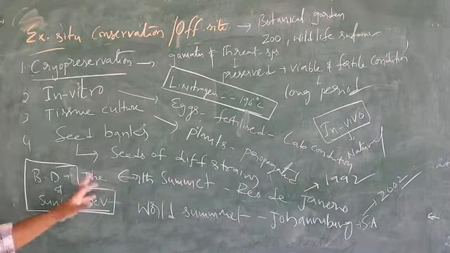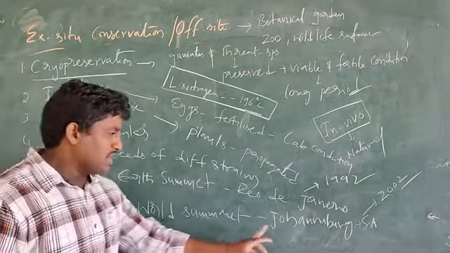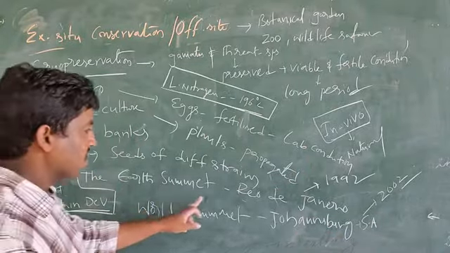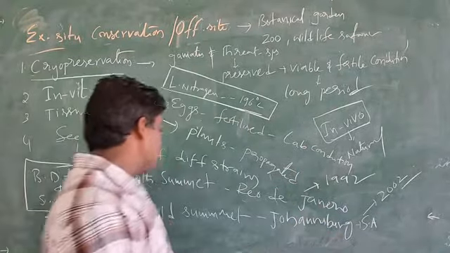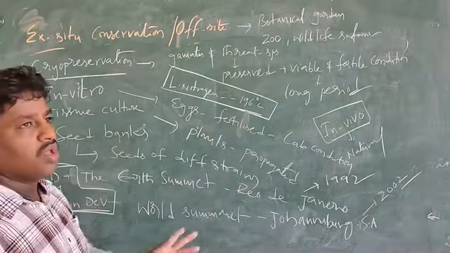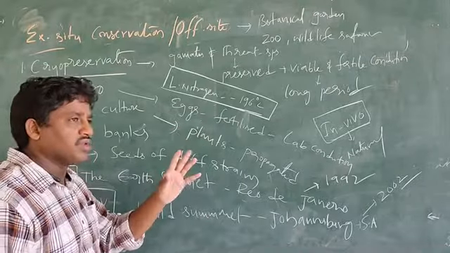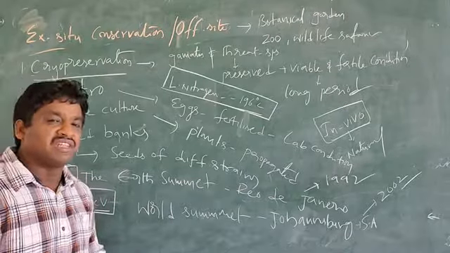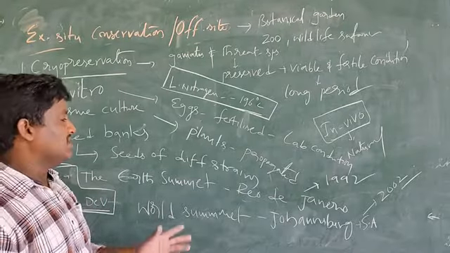So here there is the World Summit in Johannesburg, South Africa in 2002, and the Earth Summit in Rio de Janeiro in 1992. The last according to the textbook is 2010, and after that in 2012 they also conducted one in Hyderabad. It is not in your book.